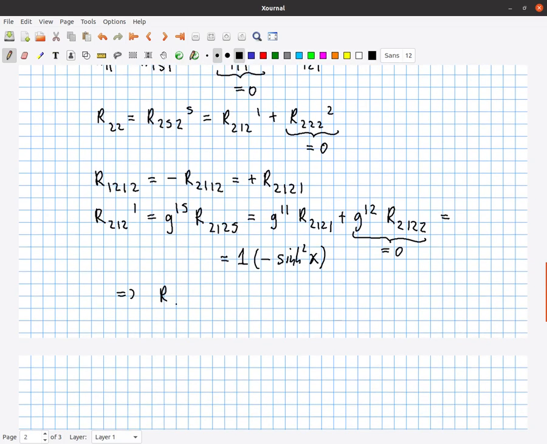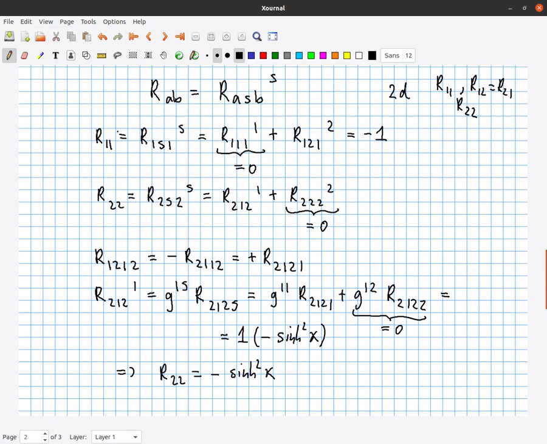This means R22 is minus sinh squared kappa. R11 was 1. Let us check the R12 component.